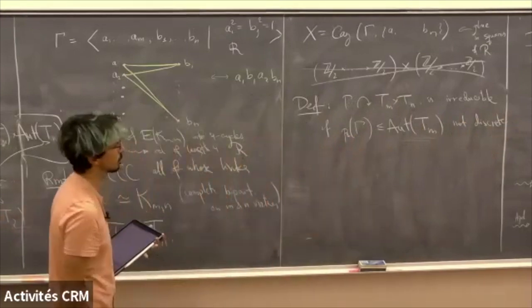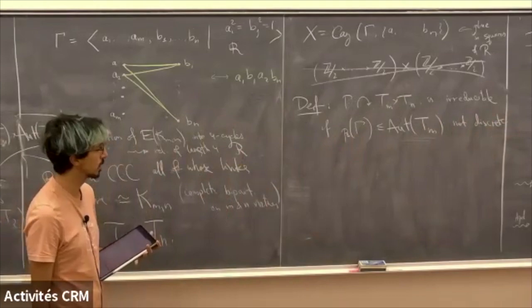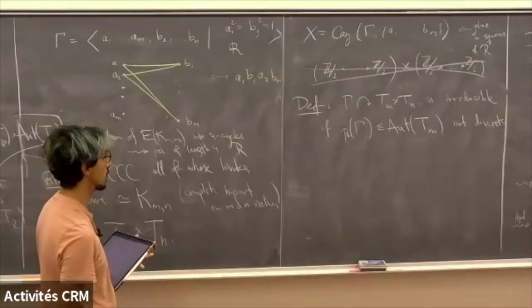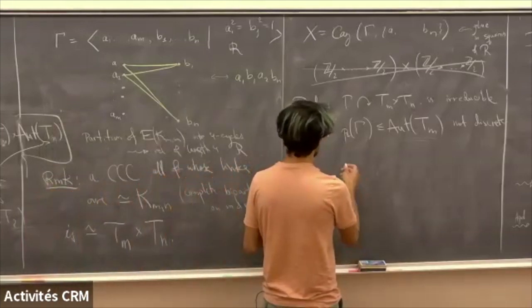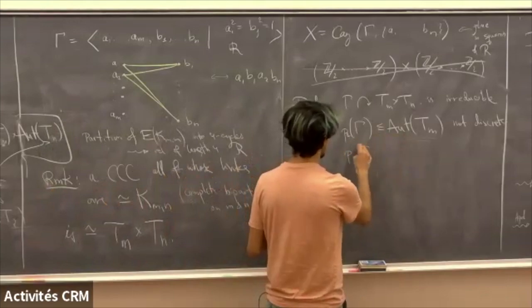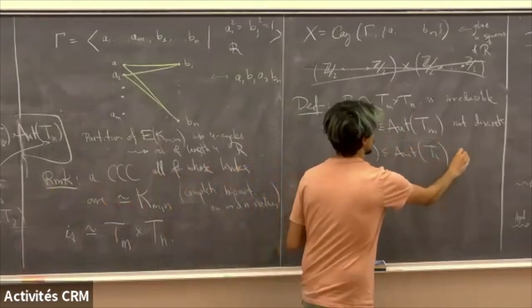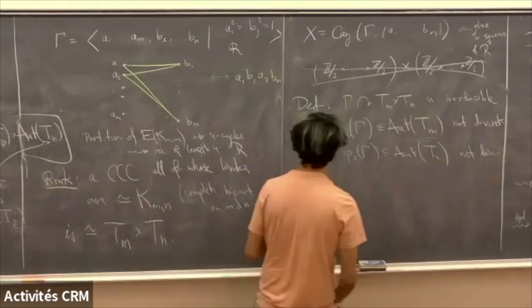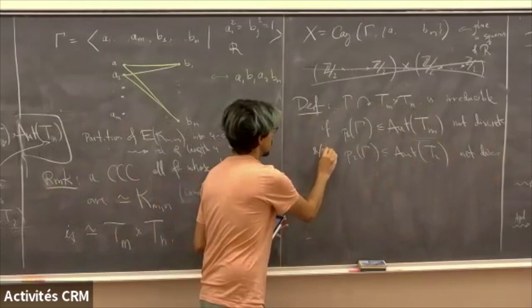That's equivalent to saying what I said before: it's not virtually a product of a lattice in T_m times a lattice in T_n. Note that I'm asking it for the first factor, but in fact, it's the same for the second factor. So this is not discrete.